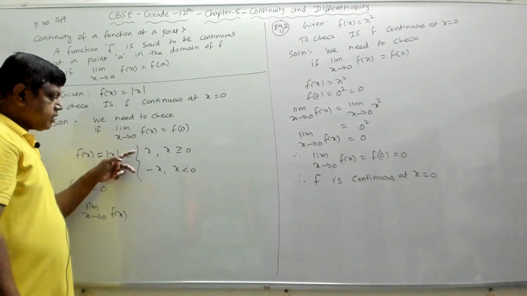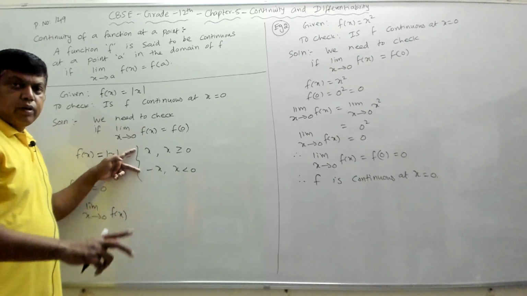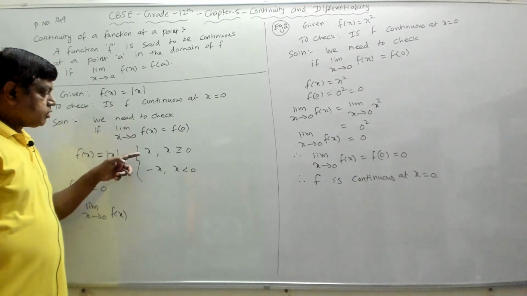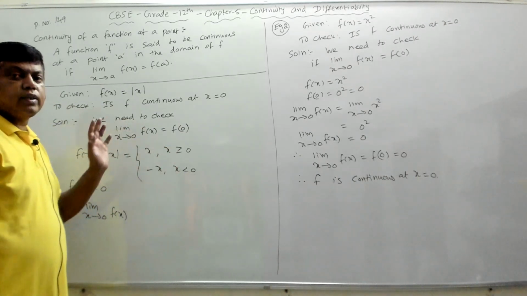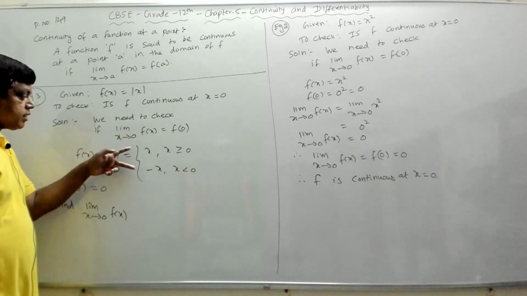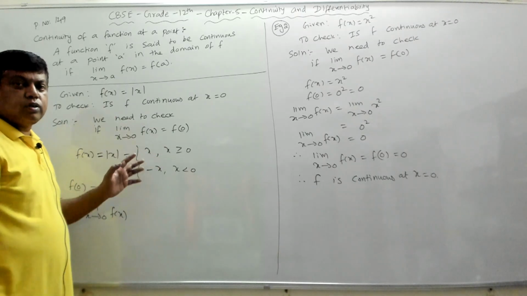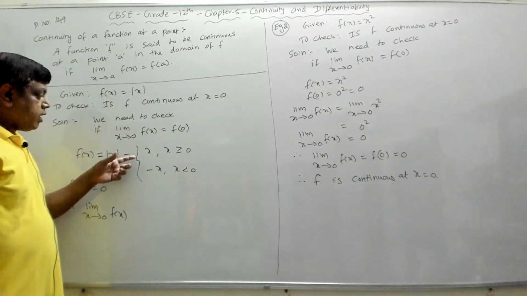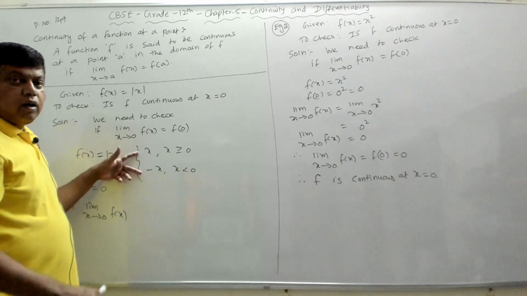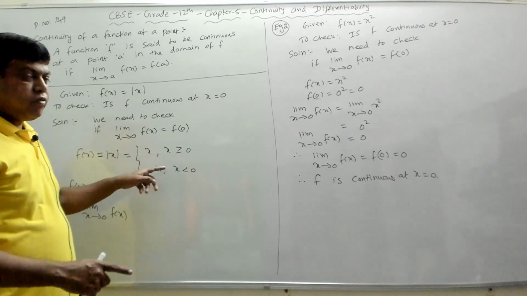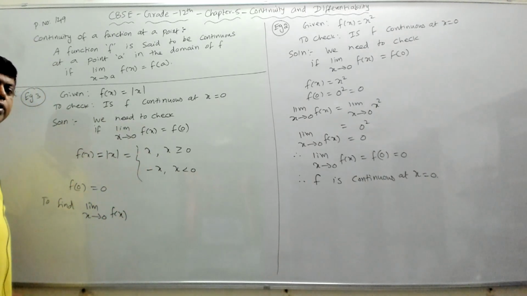The definition of f of x is, there are two definitions based on the value of x, which means your f of x is defined in two different ways based on the value of x. So whenever you have a scenario where f of x is defined as two definitions based on the value of x, then we must go for left hand limit and right hand limit.